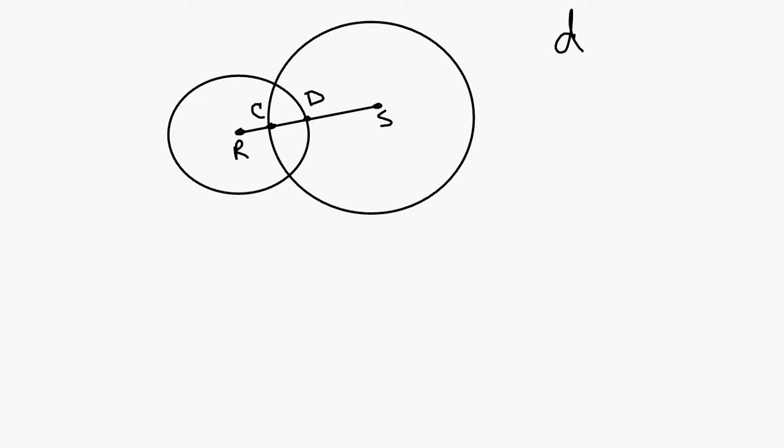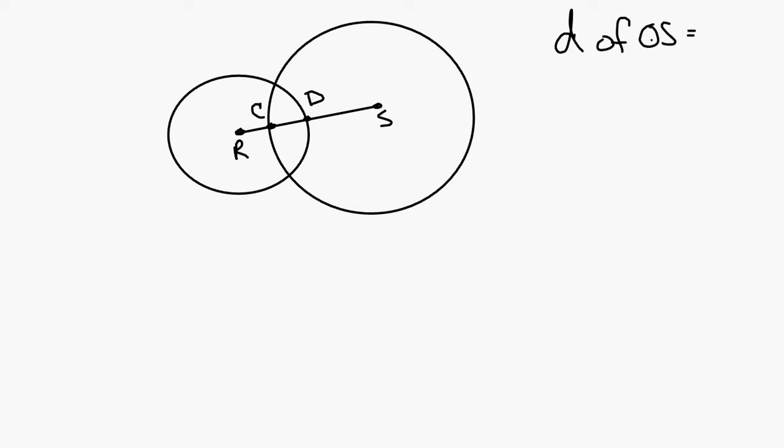The points are R, C, D, and S. The diameter of circle S equals 30.